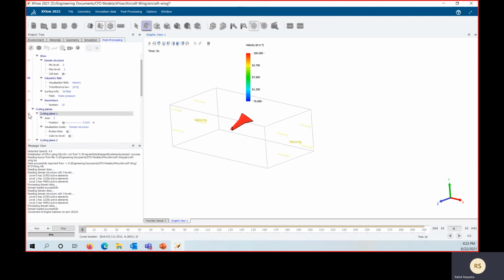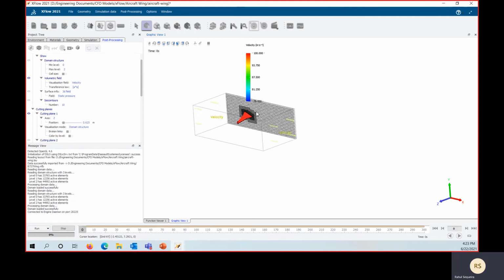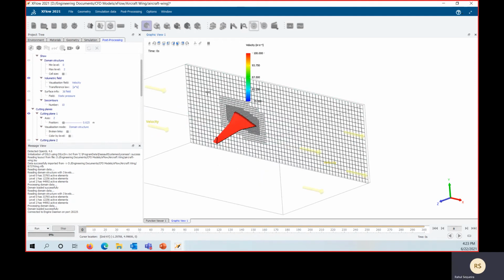So if I view that, you could see that the lattice here is at 1 meter, and then close to the boundary, it's been refined 4 times further near the aircraft plane. So this is how XFlow automatically refines the near wall lattices.